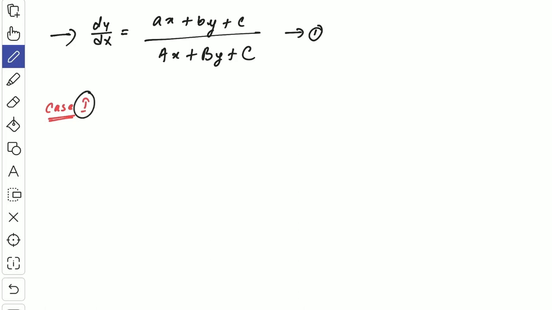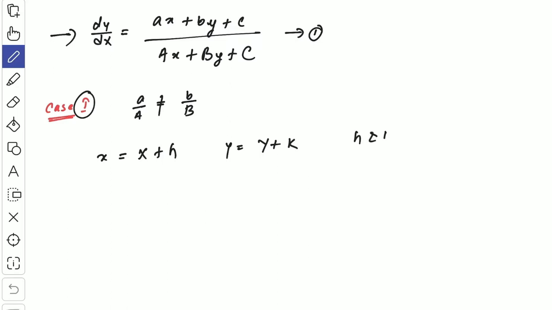First, case 1. If in this case small a by capital A is not equal to small b by capital B, then how to solve? Then we will consider that small x is equal to capital X plus h, and y is equal to capital Y plus k, where h and k are constants.